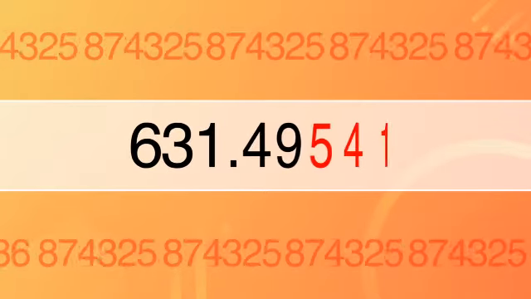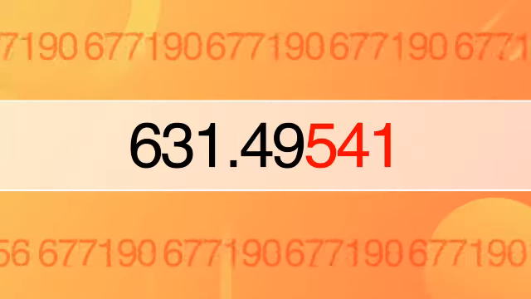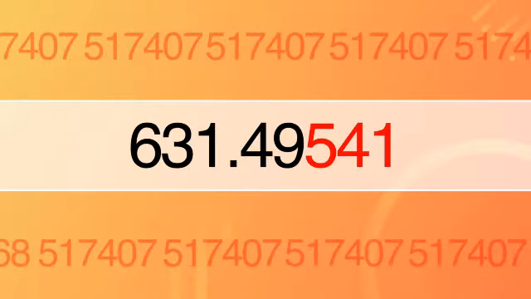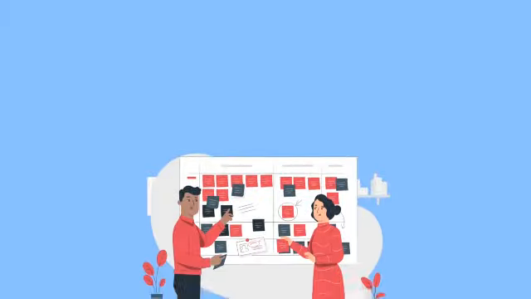So the number becomes 631.49541. 541 is Northeast India. And you are going there through table 1, so it becomes 09541. But when you come to soil conservation, you find you have to use it without the 0. Therefore, the number becomes 631.49541.